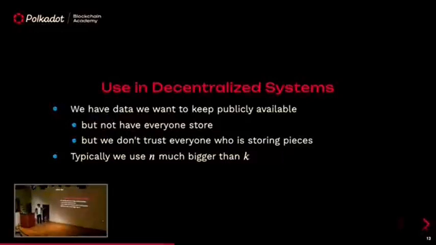We don't necessarily trust everybody who's storing pieces, so we use a very, very large encoding. We make n much bigger than k, and that way, even if some people lie about their pieces or don't provide their pieces, we can still reconstruct the original data, but each individual participant doesn't have to store as much.